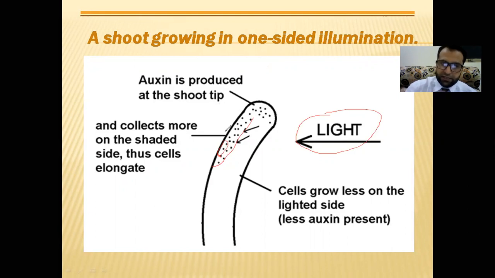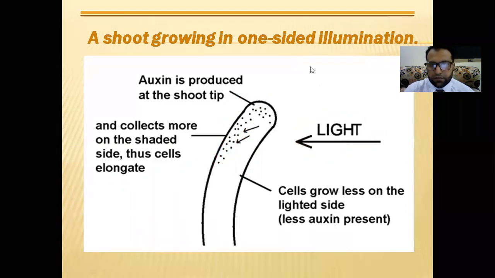Because of the effect of light, auxin will not accumulate on the lighted side, so cells grow less there because less auxin is present, while there is more auxin on the shaded area. Because of that, these cells will elongate more. This unequal growth will make the plant bend toward the light.